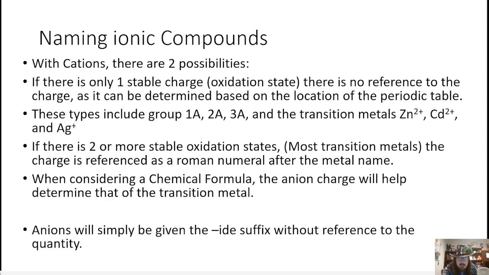Now, if it has more than one stable oxidation state, which is most of the transition metals, we will reference the charge of the metal. Note, this is not the subscript of the metal. It is the charge of the metal, and we will give it as a Roman numeral, which is just a verbal cue.